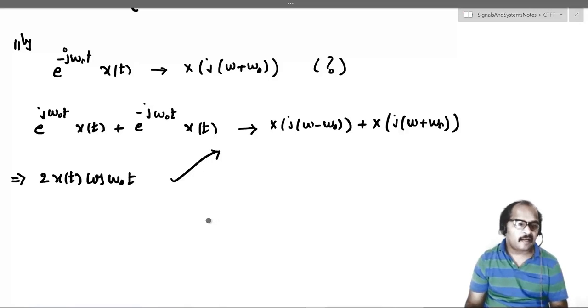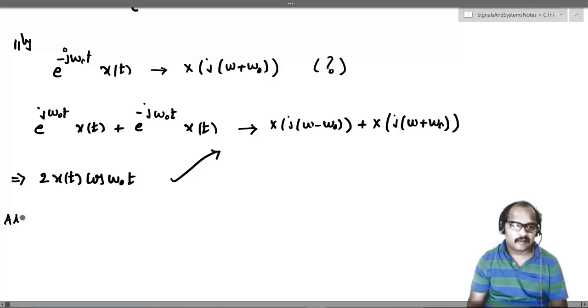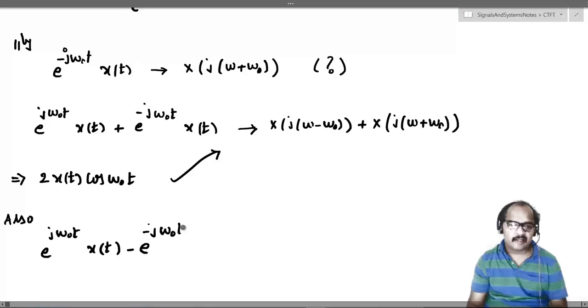So similarly, what will happen if we subtract? I'll write down that also. I will take e power j omega naught t x of t. Now I subtract, minus e power minus j omega naught t x of t.